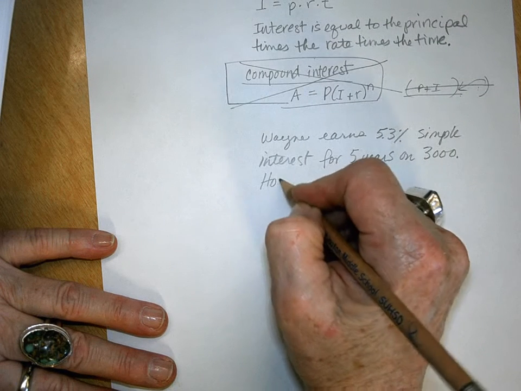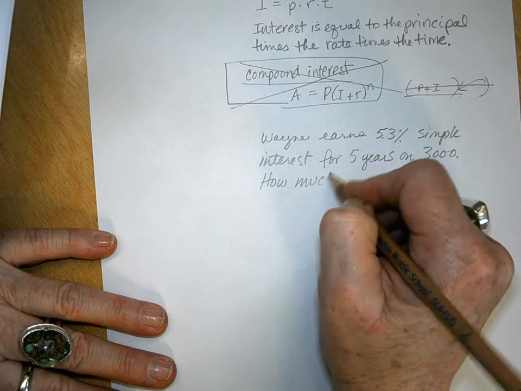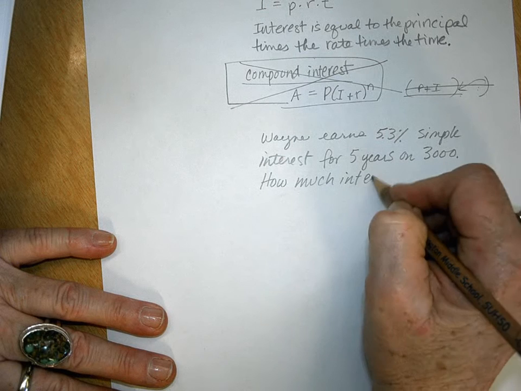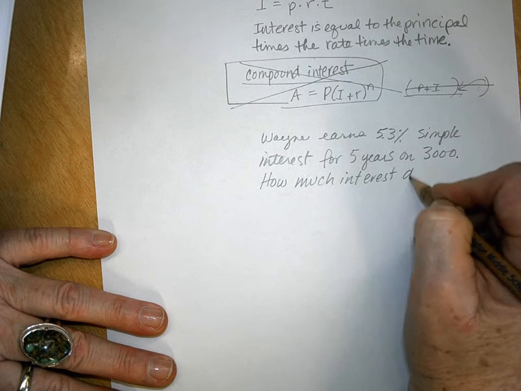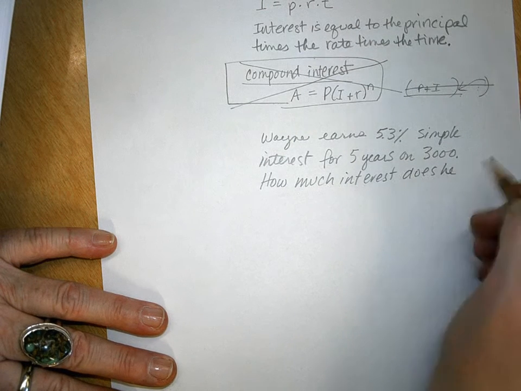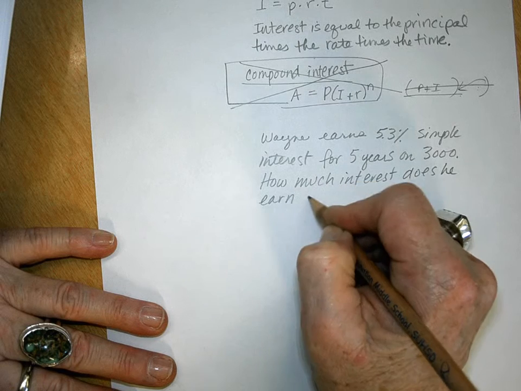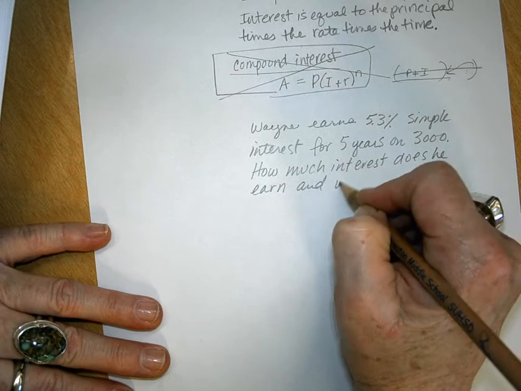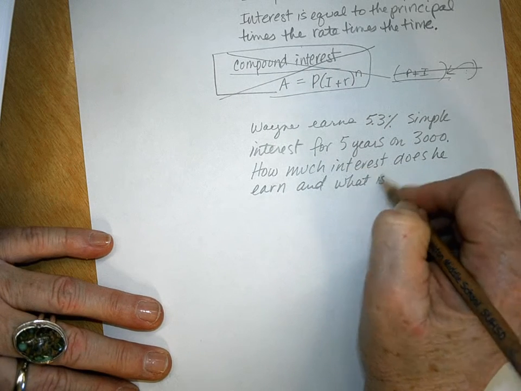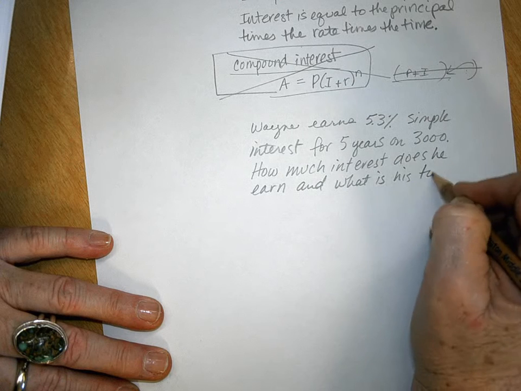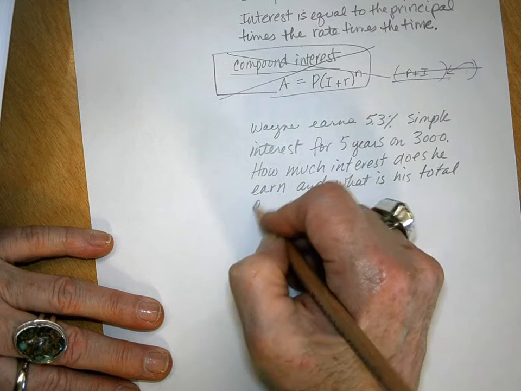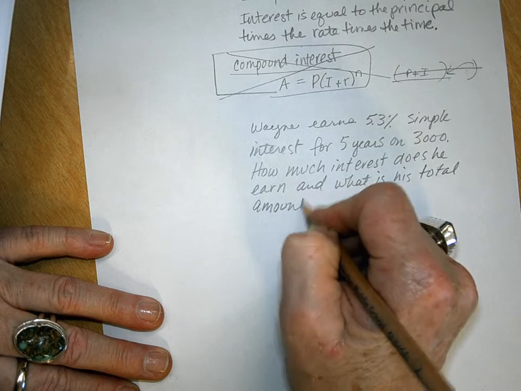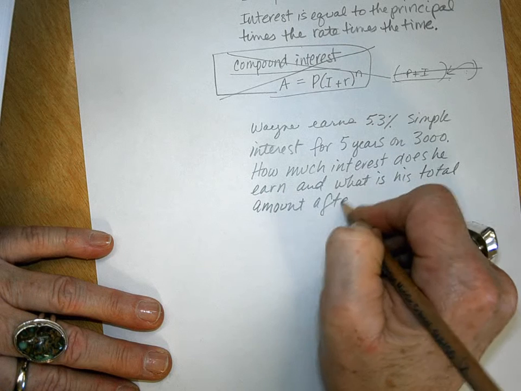How much interest does he earn? And what is his total amount after 5 years?